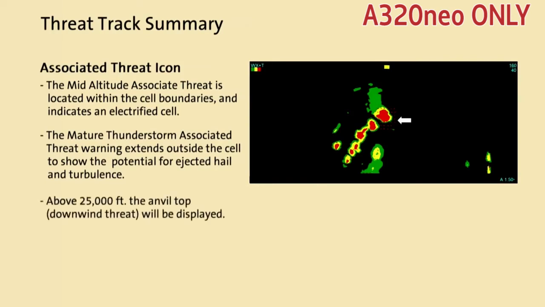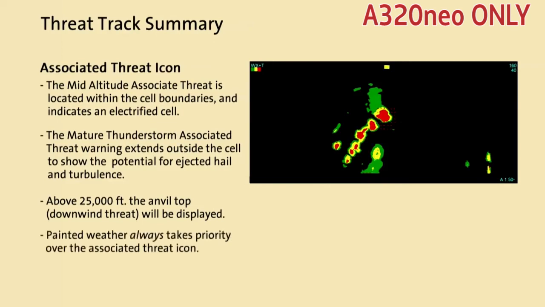And finally, above 25,000 feet, upper-level winds are used to predict the anvil top. So this icon will turn and align with the wind direction and extend downwind based on the wind velocity. It is important to remember that MultiScan ThreatTrack's associated threat is an inferred threat. Therefore, painted weather should always take priority for avoidance decision-making.